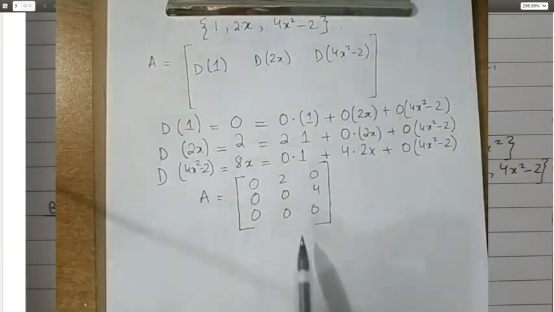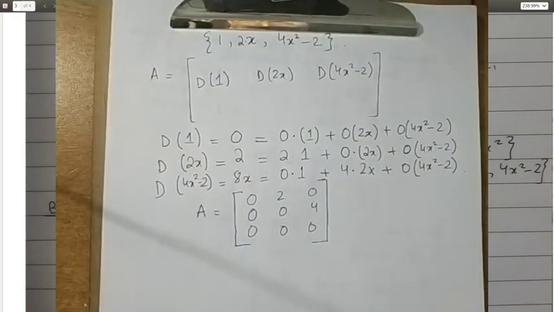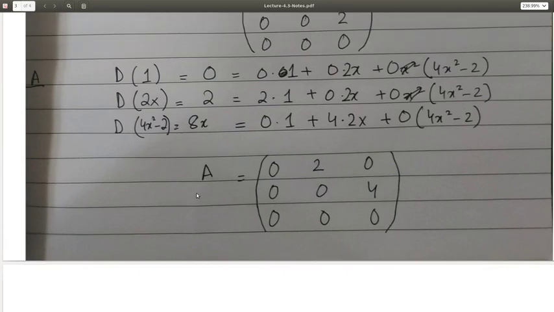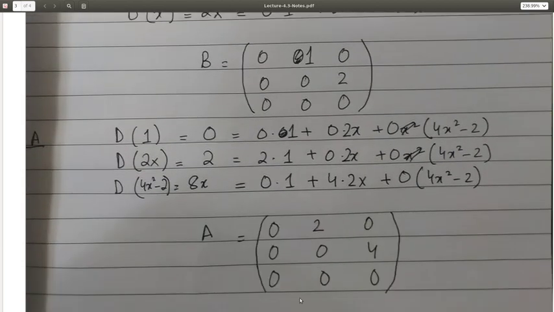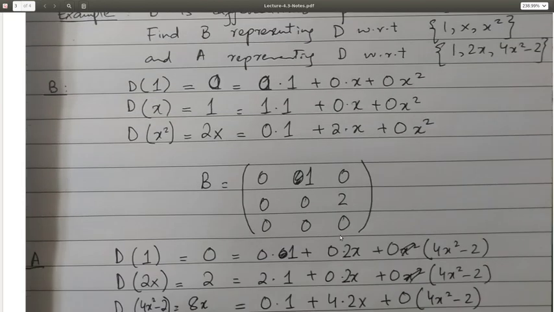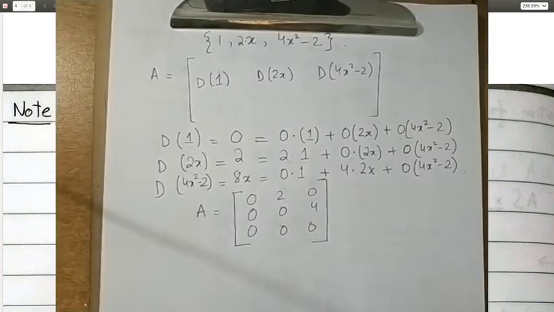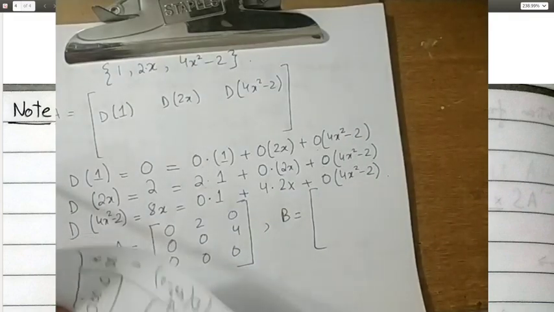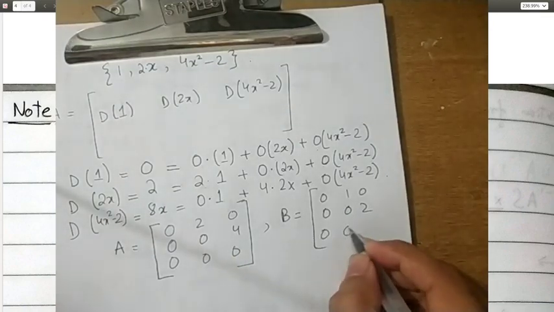And so this is differentiation, but in terms of these basis vectors rather than the standard basis vectors. So let's go through the notes, and the notes are saying the same thing, which is if I differentiate these basis vectors and then represent them in terms of my non-standard basis vectors, this is the representation I get for A. And so lastly, we can just simply establish a quick relationship between A and B. So B was simply 0, 1, 0, 0, 0, 2, and 0, 0, 0.